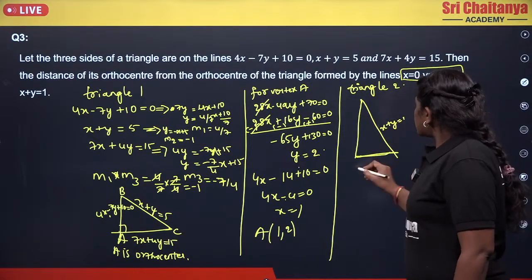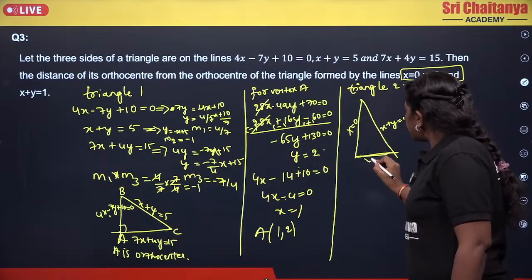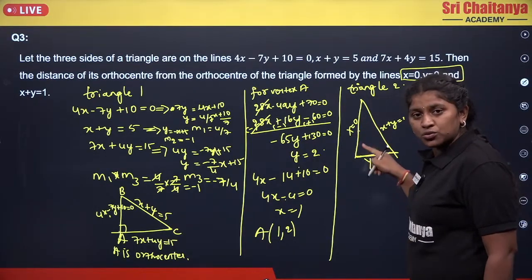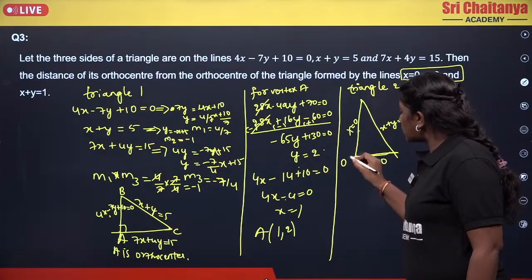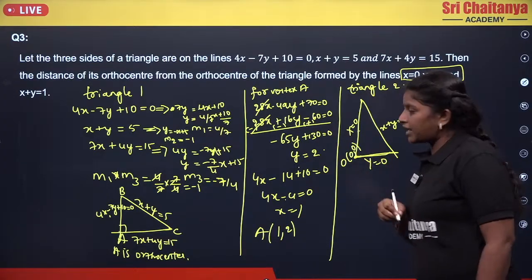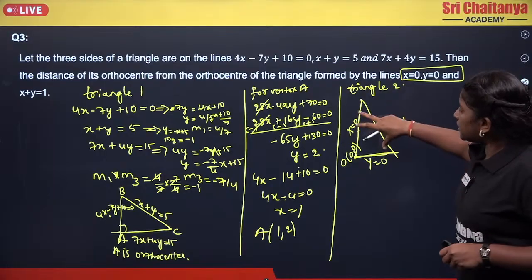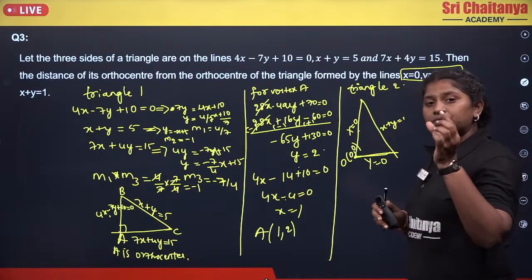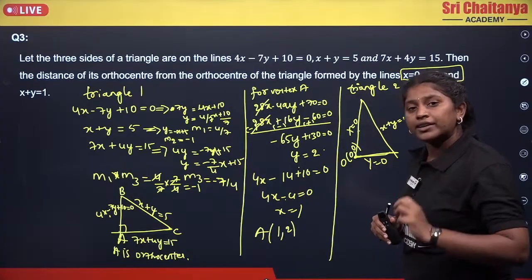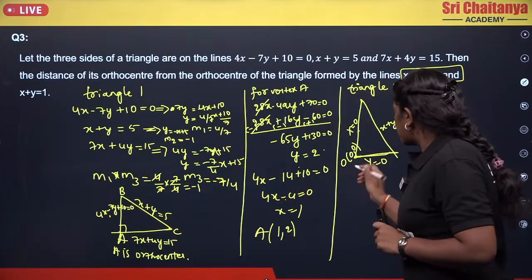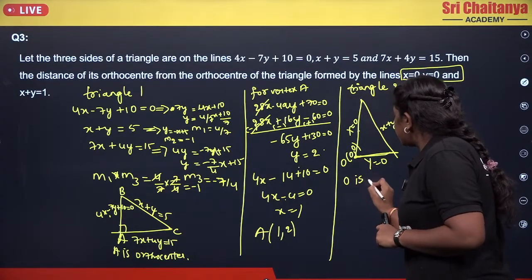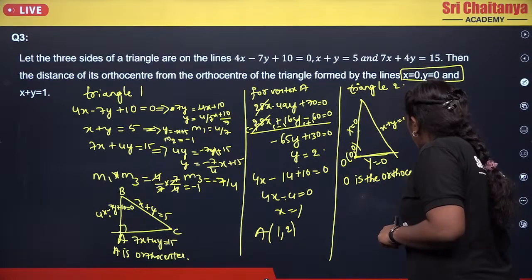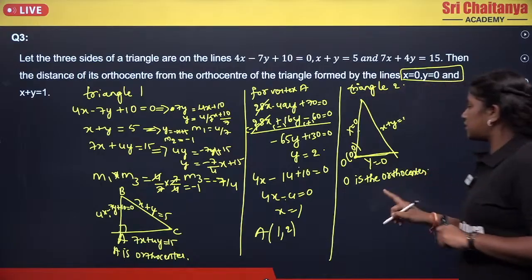Now, what is the point of intersection of these two lines? These two lines will be intersecting at the origin, which is (0, 0). Right? Now, if you observe clearly, this is also forming a right angle triangle. So, the vertex where we have the 90 degrees will become your orthocenter. So, origin O is the orthocenter, with coordinates (0, 0).